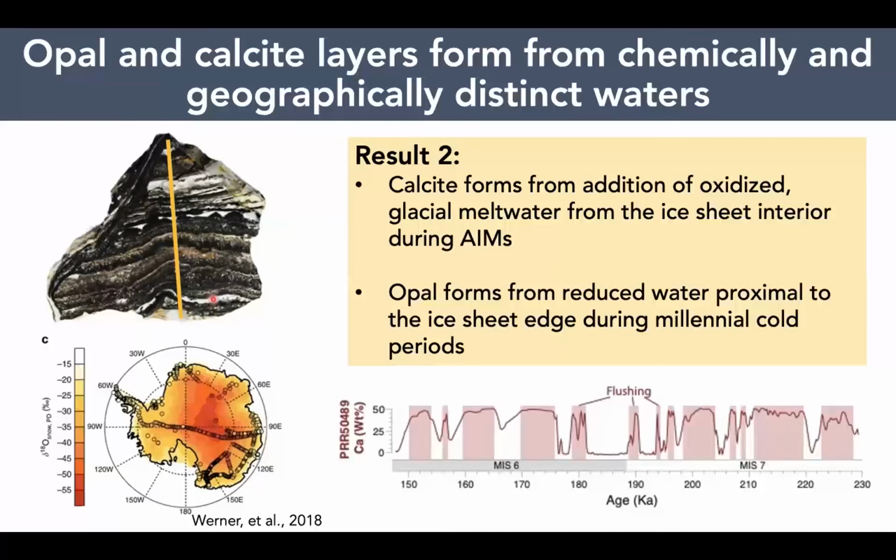So for the last part of this talk, I'm going to call on the glaciologic mechanism for what could cause these millennial shifts in the subglacial hydrologic system. And this is where I'm going to overlap again with Jessica's talk.